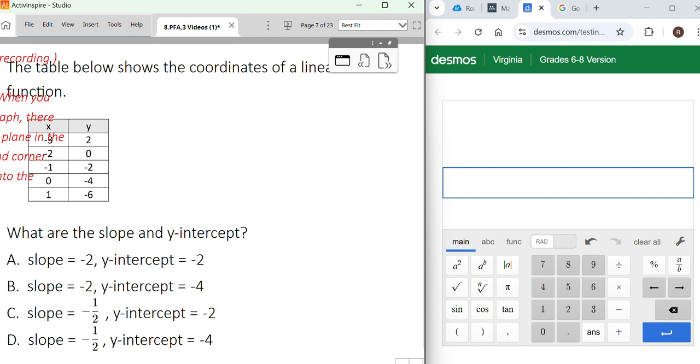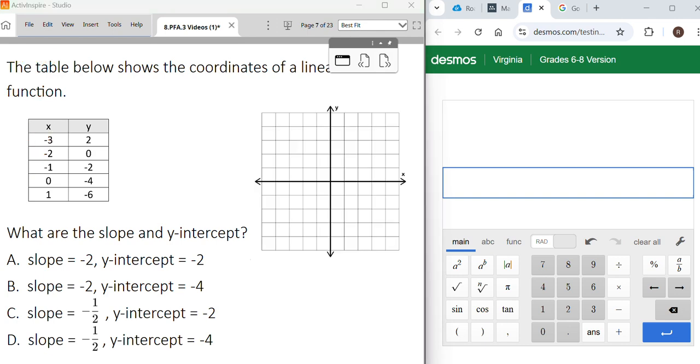Okay, let's look at this next one. The table below shows the coordinates of a linear function. The question asks, what are the slope and the y-intercept? When you're given a table of points, it is best to graph them to be able to find the slope and y-intercept. The first point is (-3, 2).